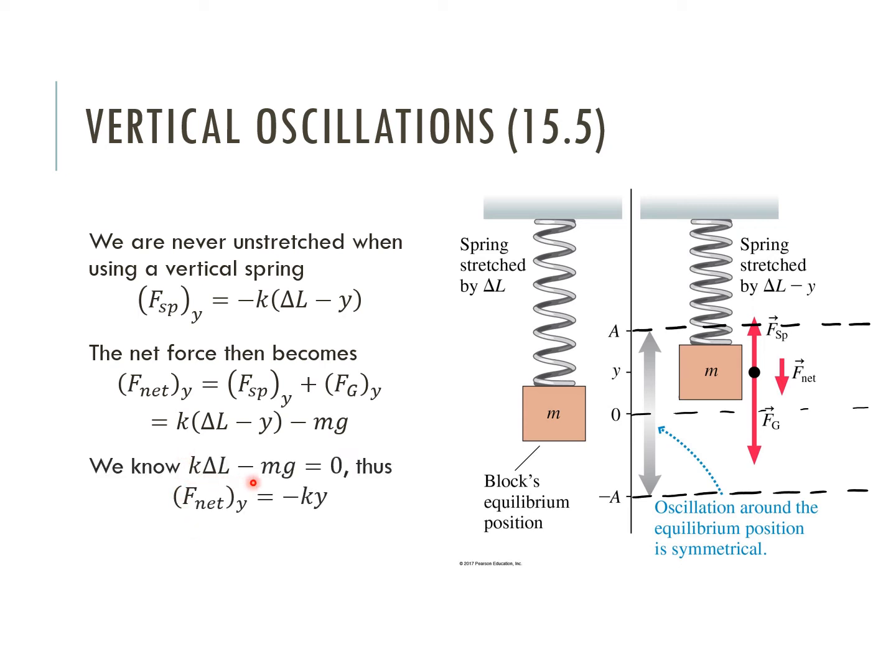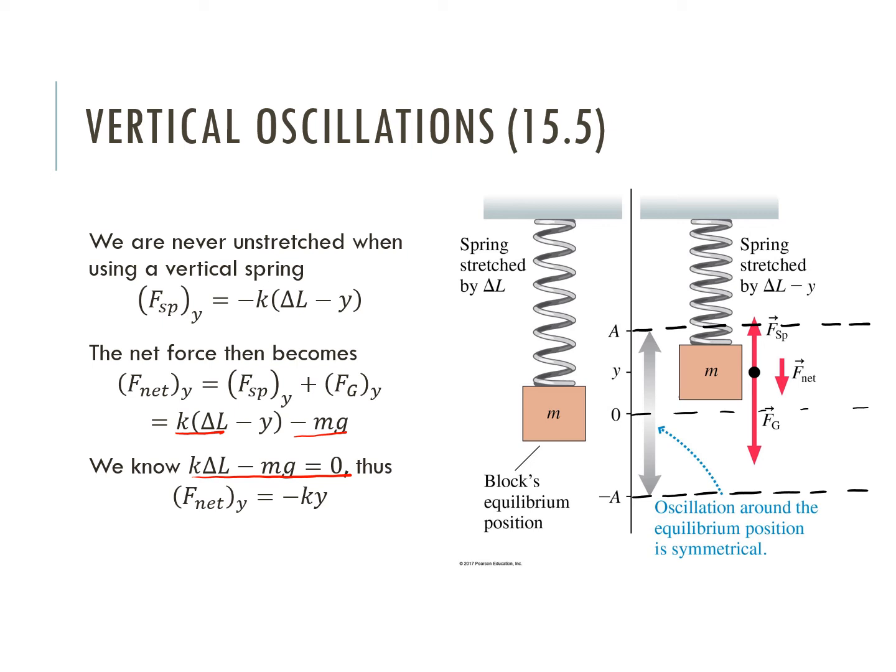What we saw in the last slide is that K delta L minus mg was equal to 0. This was our forces at the location where we were at our new equilibrium value. If I look at my equation above, I have K delta L minus mg, which I just established was equal to 0 on the previous slide, to calculate my delta L value.